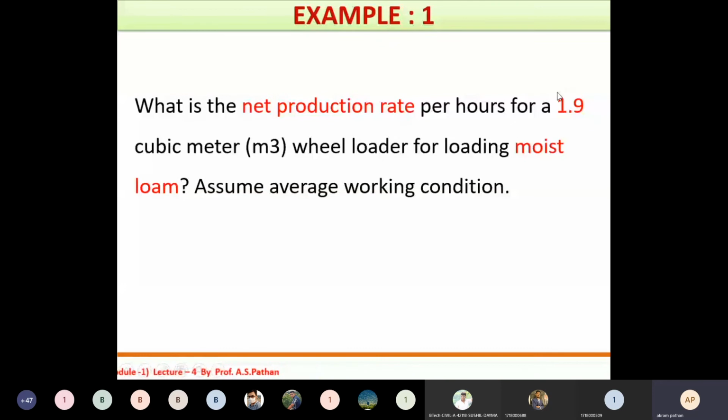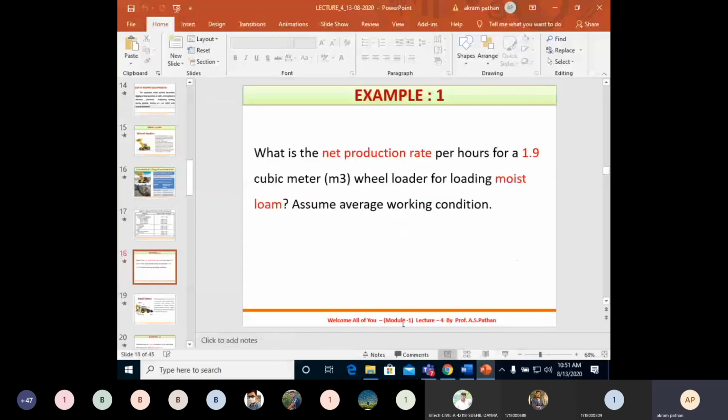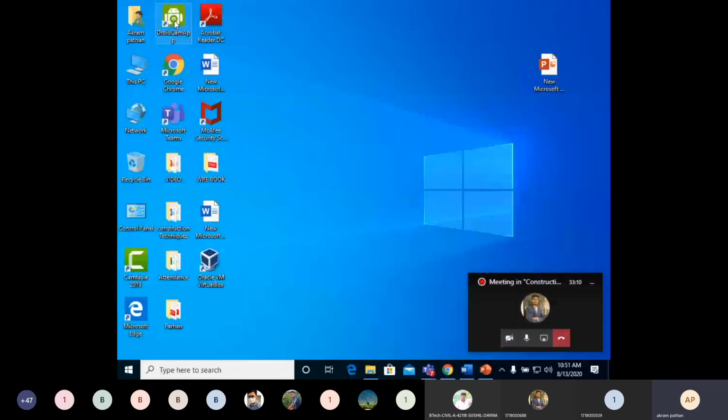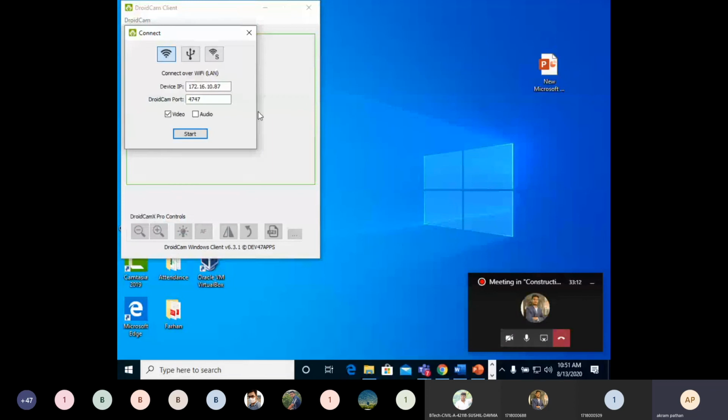If you want to load 1.9 meter cube of moist loam or moist soil, how much is the net production rate for that particular machine, assuming average working condition? So we are going to see that problem with DroidCam. So I want to share my DroidCam with all of you.